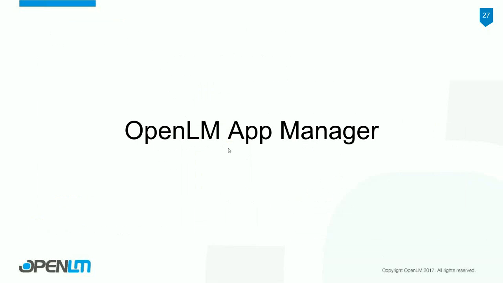So the OpenLM App Manager is a new feature I want to talk about. I won't go over all the changes in depth. I will just go quickly over them, and I will show you the OpenLM App Manager in the demonstration after I finish this presentation.